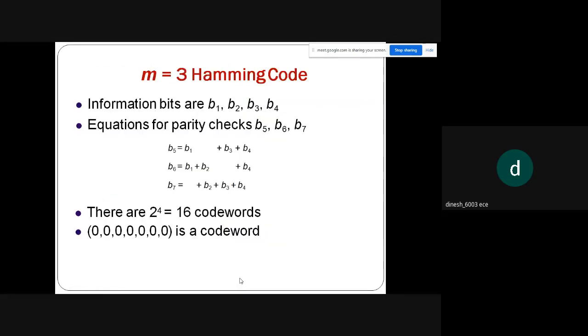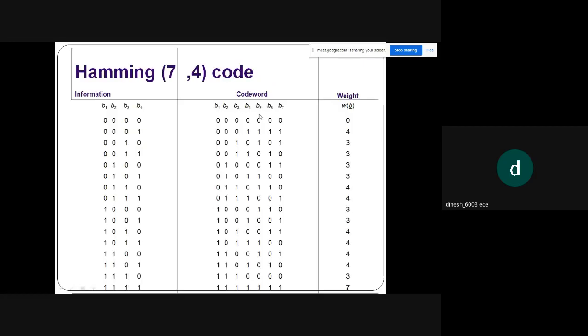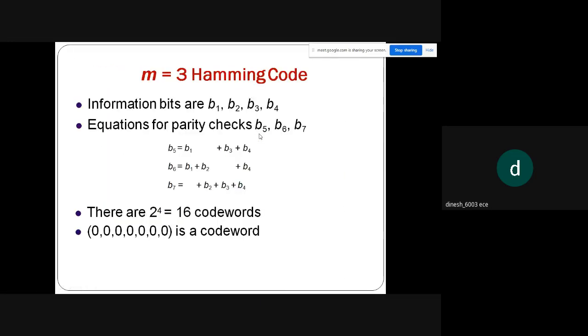This is simple. Use this format. Modulo addition of B1, B3, B4 for determining B5. I think everyone is familiar with modulo 2 addition. So here if I wrote it as plus, it indicates modulo 2 addition. Always in this also it is modulo 2 addition.